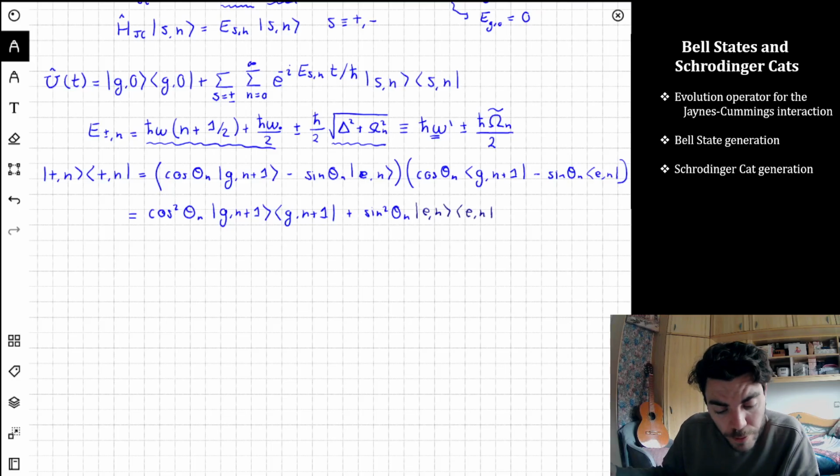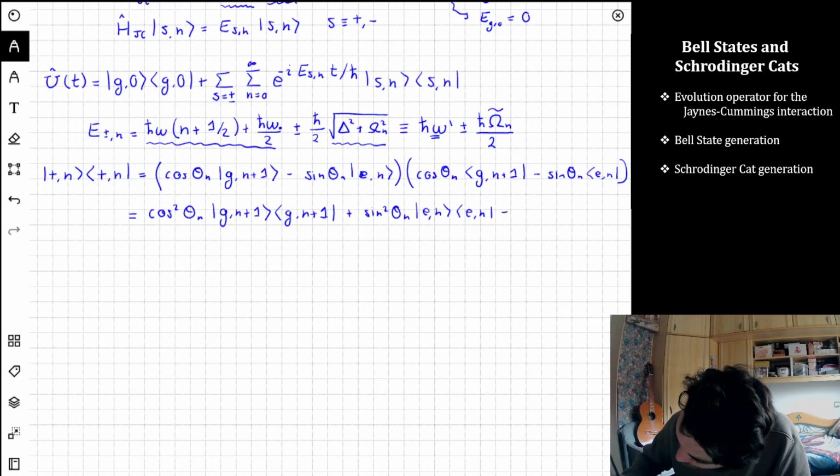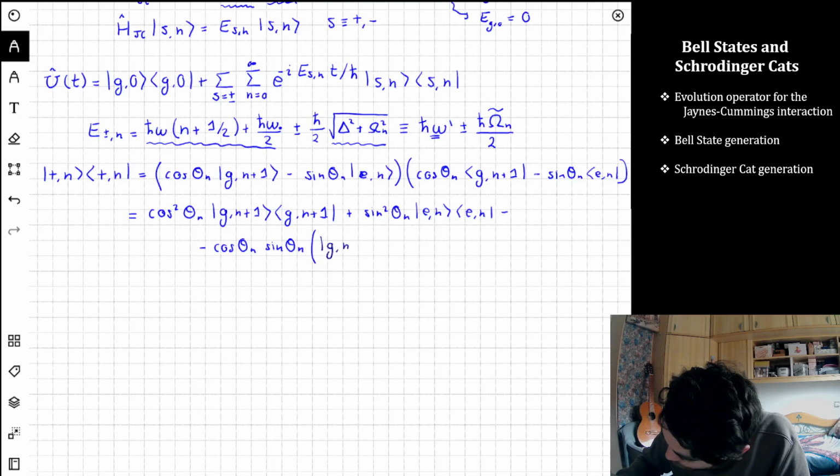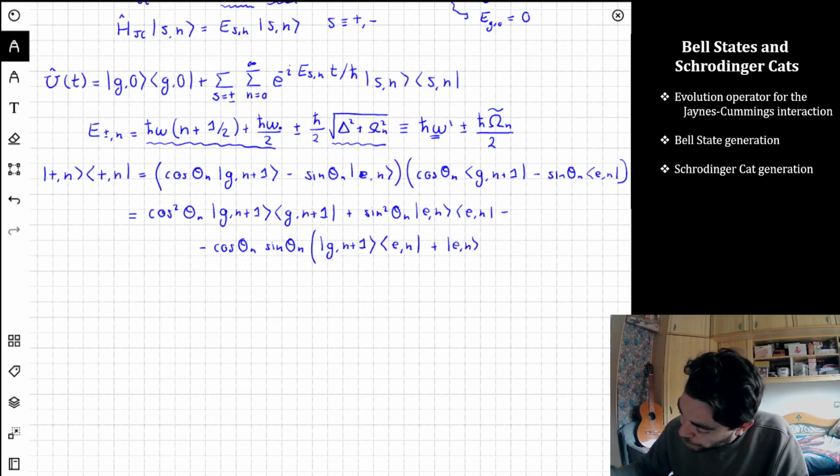And now we have the cross terms, which can be simply written as cosine theta n sine theta n, and now we have this cross projector, if you want, g n plus 1 e n, plus the opposite, the complex conjugate, e n g n plus 1.